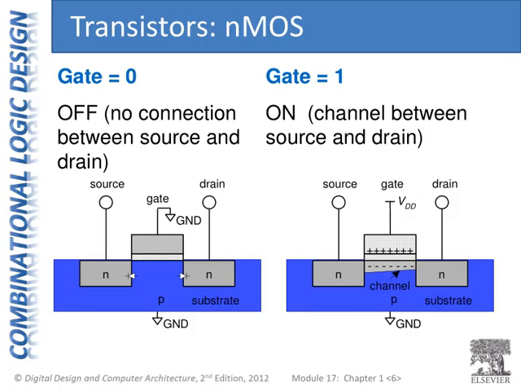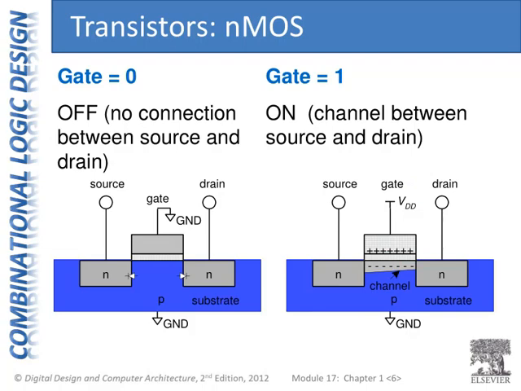So again, if we charge up our gate to VDD, or 5 volts, for example, remember VDD is the high voltage in our system. So if we charge that up to 5 volts, we dump positive charges onto the gate. Because of the electric field, negative charges are attracted to the other side of the insulator, and it creates a channel and a connection between the source and the drain.